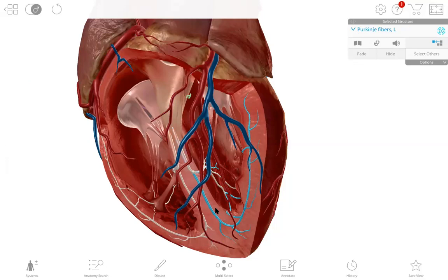Let me repeat: the whole of the conducting system is supplied by the right coronary artery, except a small part of the left bundle branch, which is supplied by the left coronary artery. So if I have a problem with the right coronary artery blood supply, it could lead to arrhythmias.